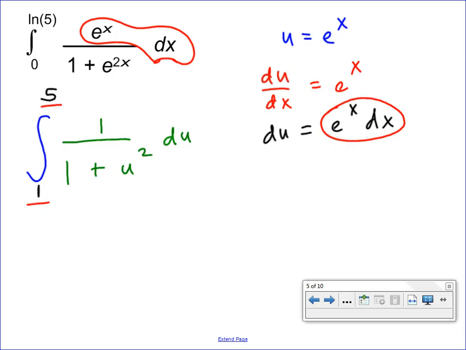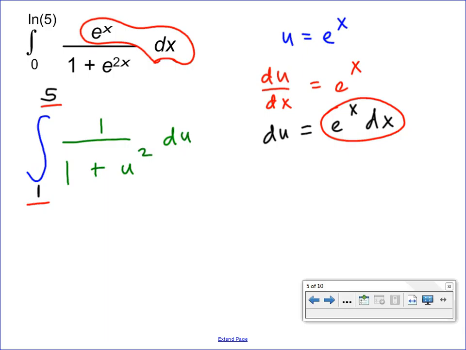All right, let's complete it algebraically and then do our same check with the graphing calculator. But first, non-calculator algebraic. What overall antiderivative rule will we be using when we integrate this? Yeah, inverse tangent.